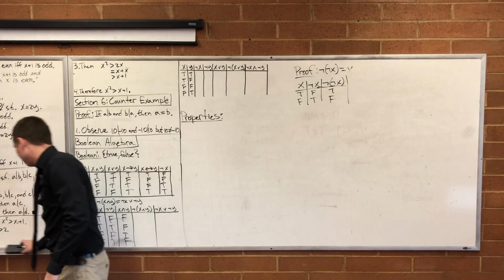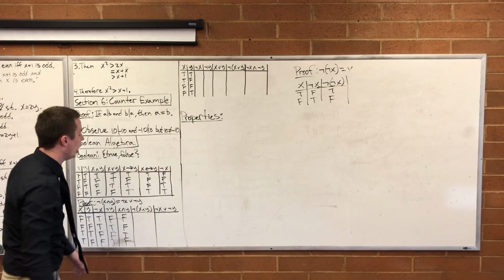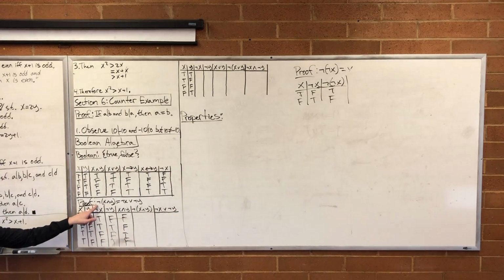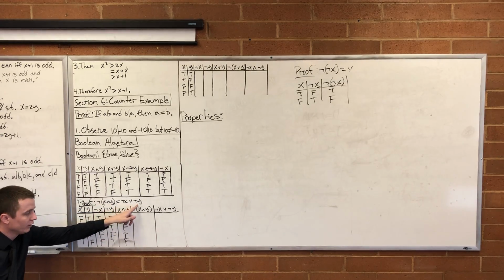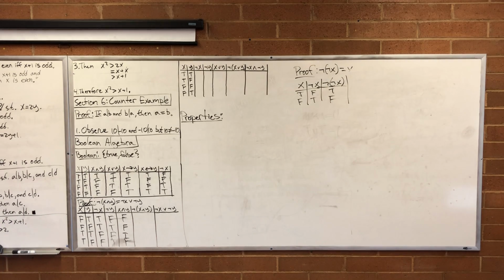Now this one is, we're proving how to distribute a not over an and. If you have not (x and y), that means you have not x or not y. Let's come up with an example. If I tell you that it is not the case that I am holding a green and pink marker, what does that mean?